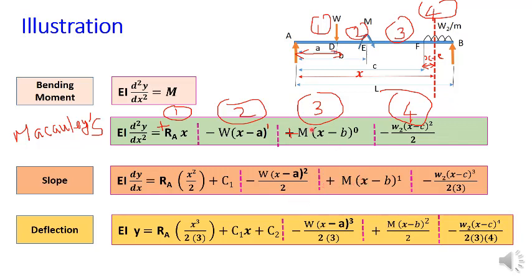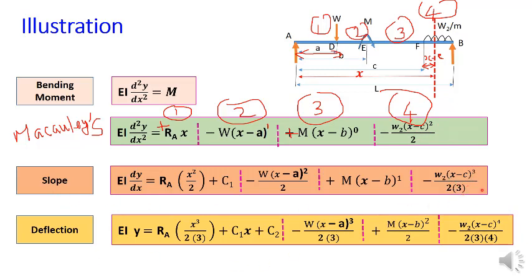In the third, x minus b is integrated as a whole, so M into x minus b whole power 1 divided by 1. In the last part W2 by 2 is already there, and x minus c the whole square integrates to x minus c whole cube divided by 3.